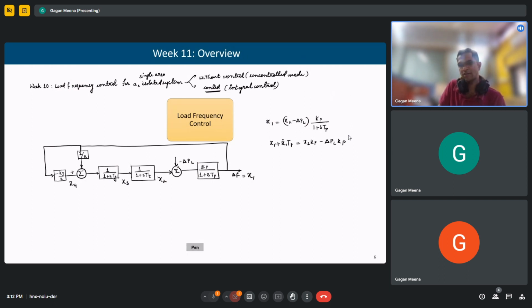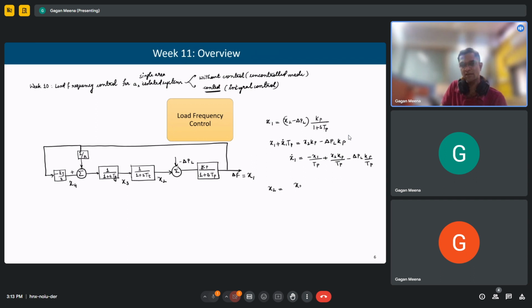Now we can rearrange and write X1 dot is equal to minus X1 divided by Tp plus X2 Kp divided by Tp minus delta PL Kp divided by Tp. This is X1 dot. Similarly, we can write for the others.